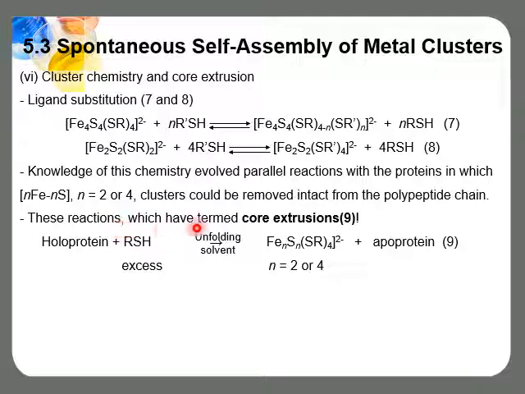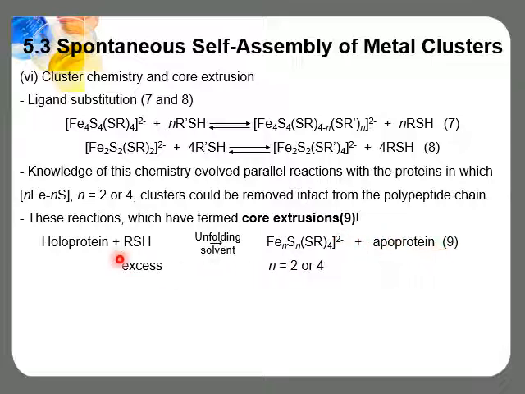This reaction is called core extrusion. So in one line it can be described like that. The holoprotein plus an excessive amount of thiol in the unfolding solvent unfolds the protein and extrudes the core part of the metal. And there comes the apoprotein.